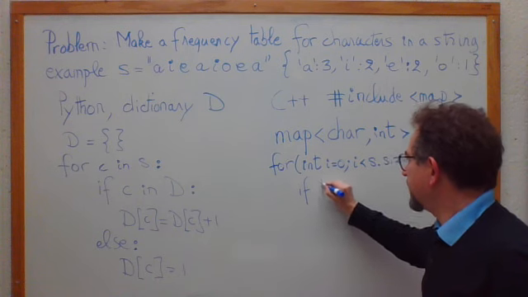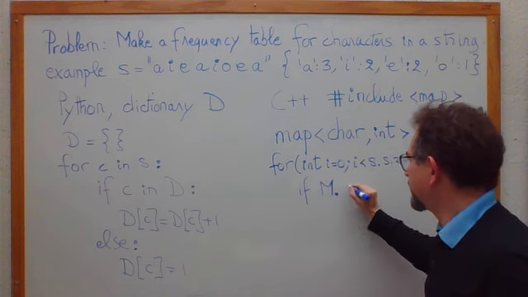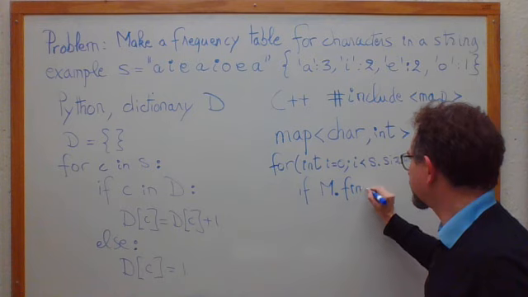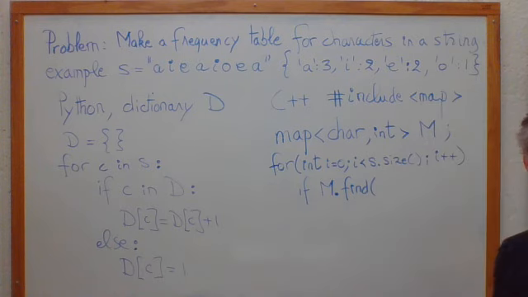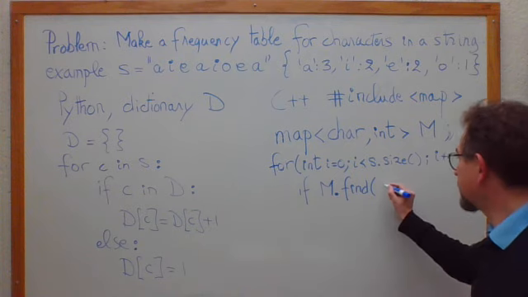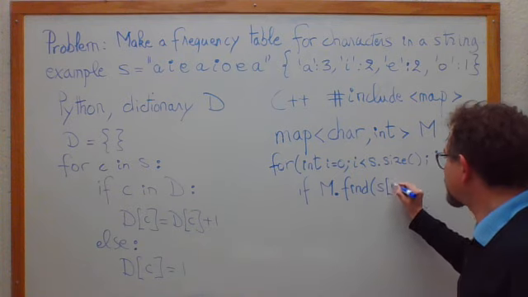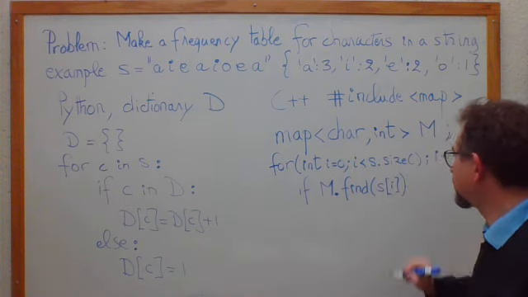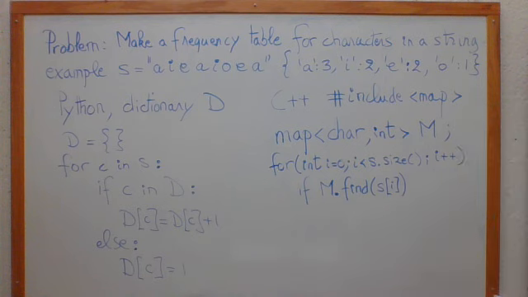So we can look in the map with the find method. So the find is very similar to the find which we have encountered on strings. We can search the map for the occurrence of a character.